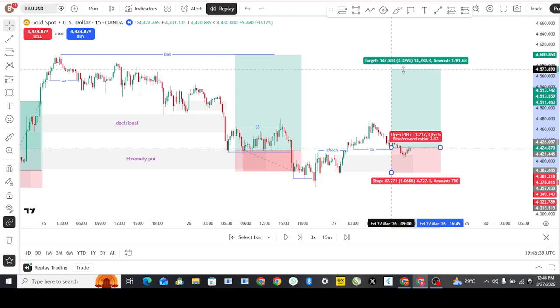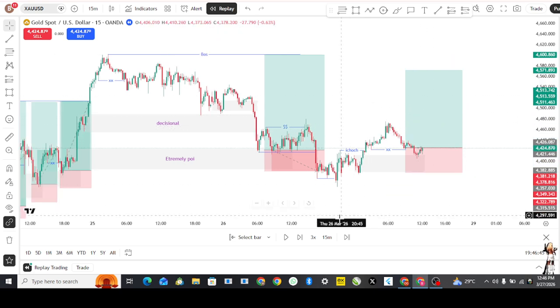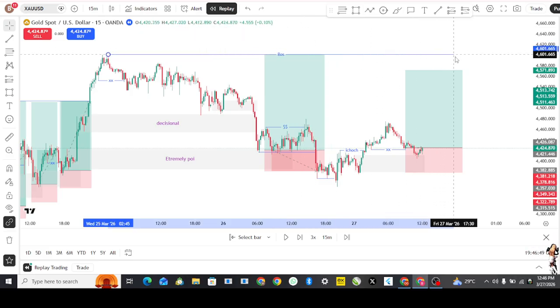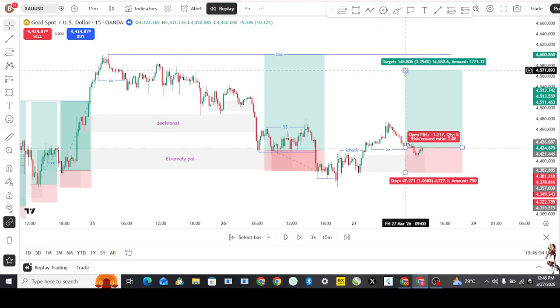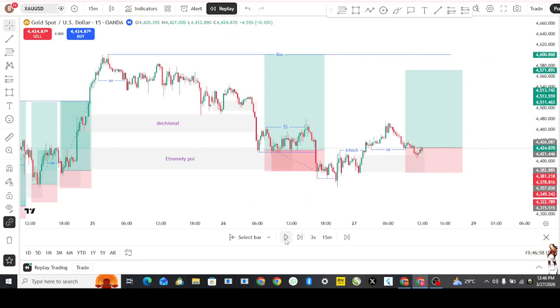This is our full take profit, but if we get to ratio 1 to 3, we are okay. Let's go on.